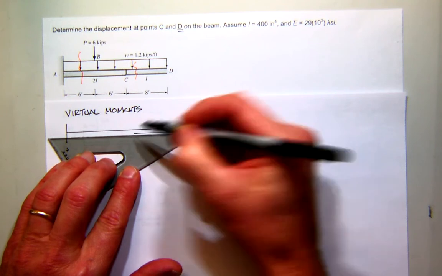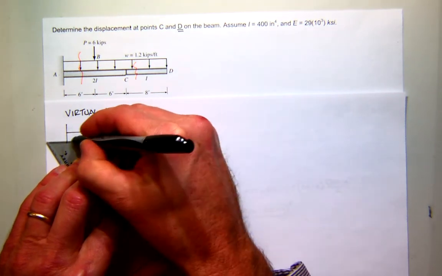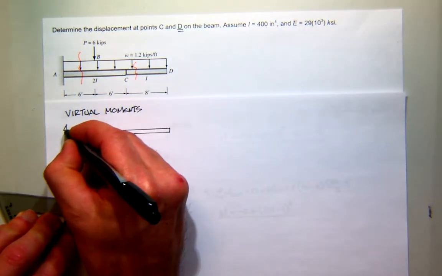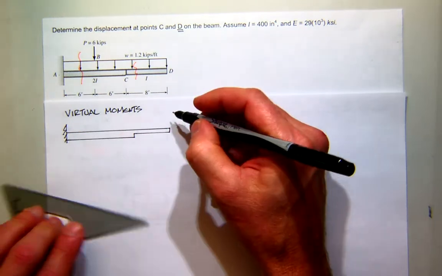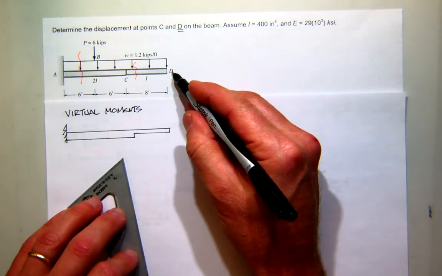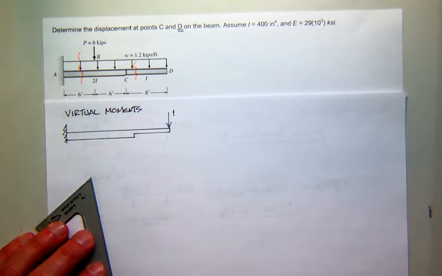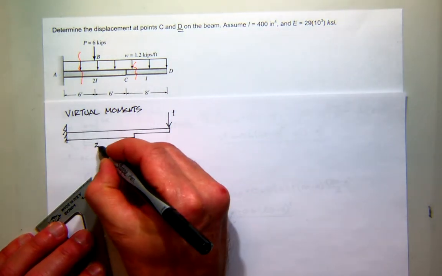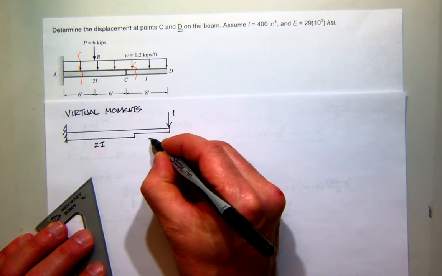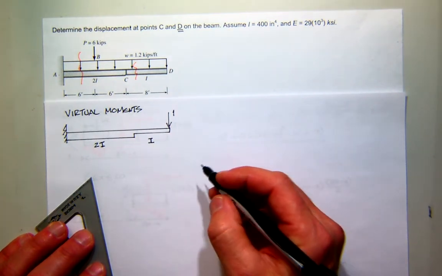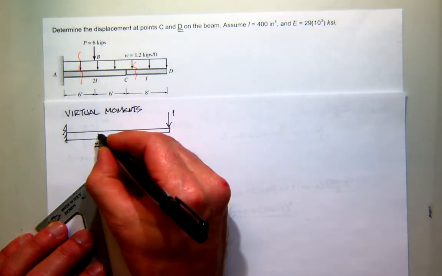So there's our beam. Moment of inertia is still getting bigger, except now we want the vertical displacement at D, so we'll apply our 1 at that position. So again, this is 2I, and this is I. Those are not going to affect the moments, so we should be okay.